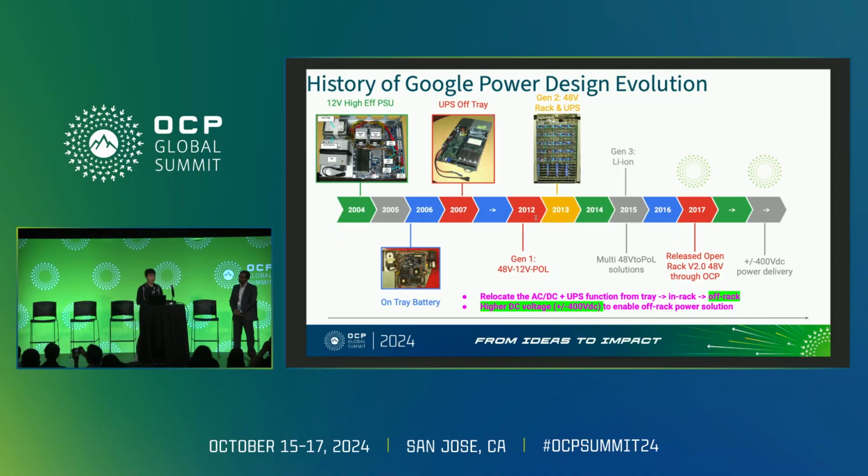And if we look at the history of Google's power design evolution: when we started 20 years ago, we had the rectifiers and the batteries in the tray. It's like a laptop, right? And that was a 12-volt system. Then, with the evolution of computing, we learned that 12 volts is not sufficient. Google made that change in the timeline of 2010, and we shifted from 12 volts to 48 volts.